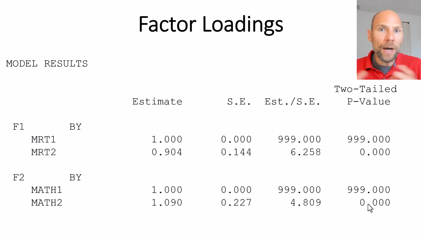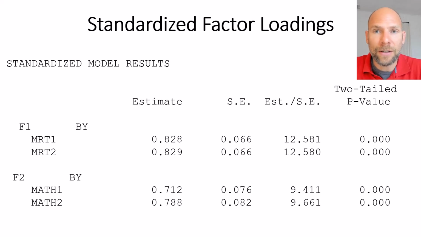Now, more interesting than these unstandardized loadings are the standardized loadings, which have the same interpretation as in an exploratory factor analysis when you have orthogonal factors or uncorrelated factors. So the standardized factor loadings, which you find under the standardized model results section in Mplus, are interpreted as correlations between each variable and its intended factor.